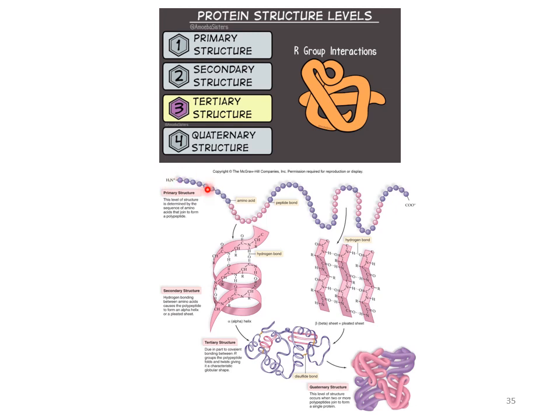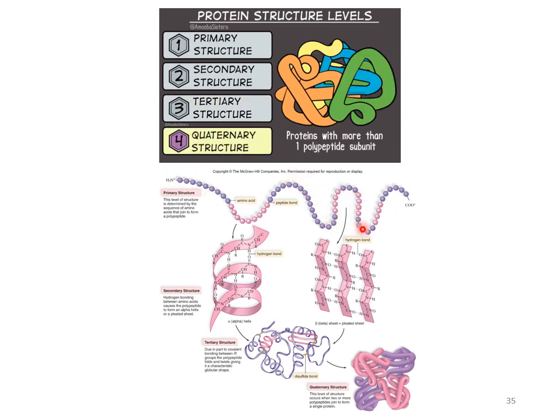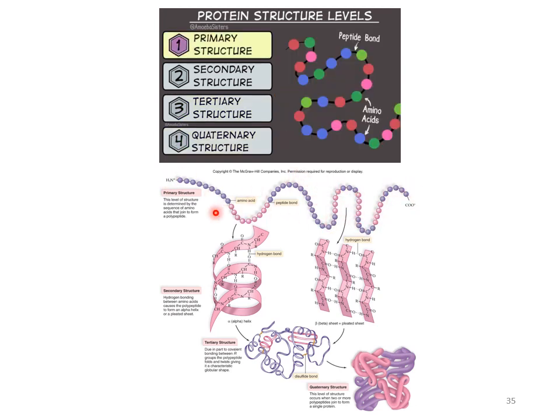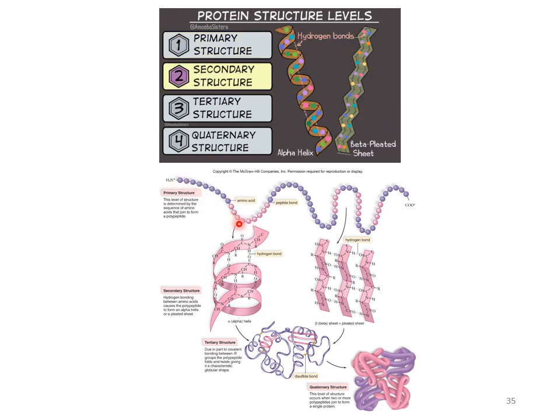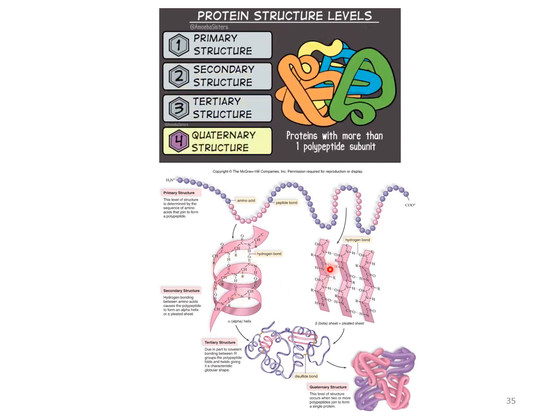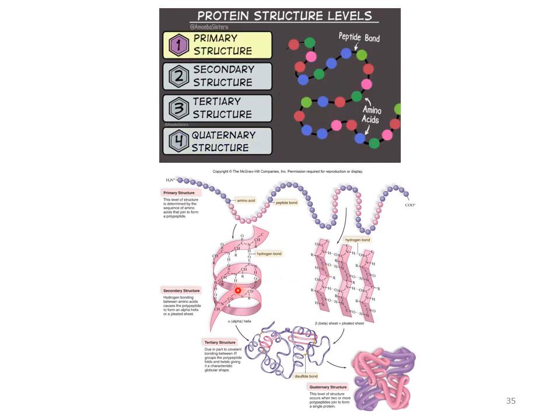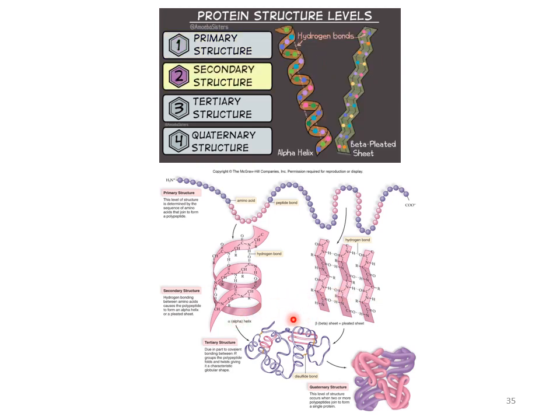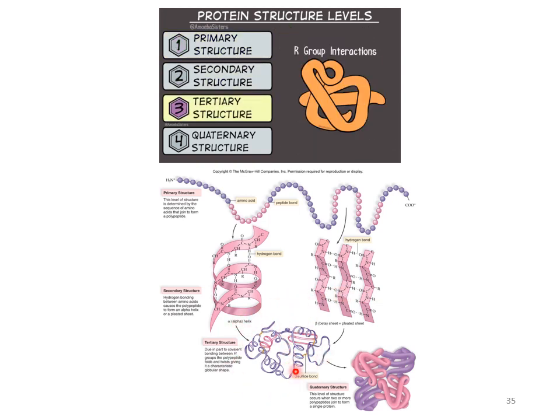But as you can see, again, the primary structure is going to be the sequence of amino acids. Those amino acids then interact to form either a single alpha helix or a single beta sheet as the secondary structure. Then you have multiple helices and multiple beta sheets interacting with each other to form the tertiary structure.